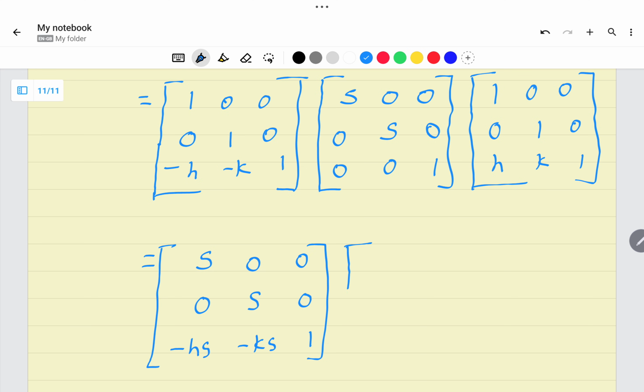And multiply this with the third matrix: 1 0 0, 0 1 0, h k 1.